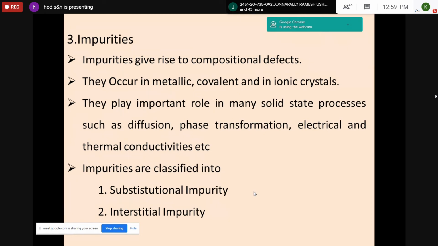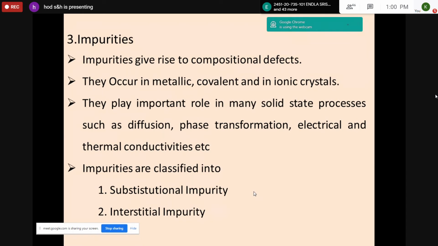So in all crystalline materials like metals, covalent, and ionic crystals, these compositional defects are possible. They play a very key role in solid state processes such as the diffusion of atoms, the phase transformation, the proper electrical behavior of materials, thermal conductivity, and magnetic properties; all can be influenced by these impurities.